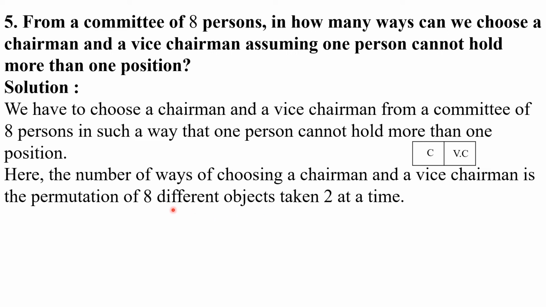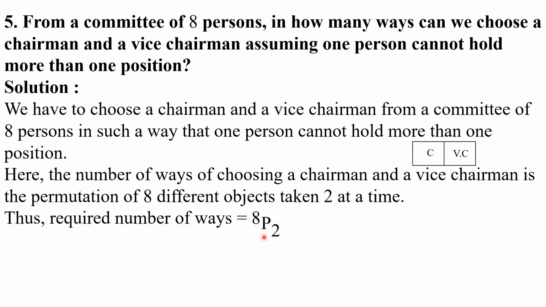How do you denote this? Permutations of n different objects taken r at a time. Yes, 8P2. Thus, the required number of ways is equal to 8P2. Understood this step, my children?